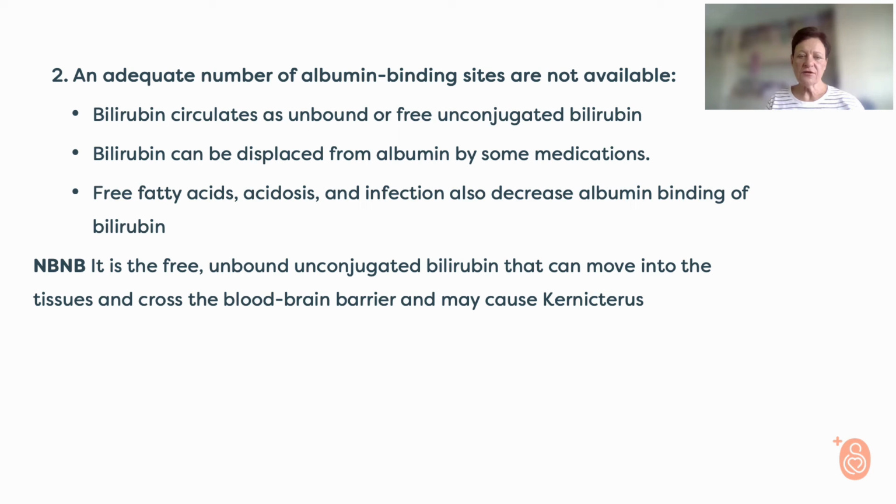If this unconjugated bilirubin is not bound to albumin to go to the liver, it is moving freely around in the blood, and it moves into the tissues and specifically across the blood-brain barrier, because its fat solubility makes it go through the blood-brain barrier, and that can cause what we call Kernicterus. It literally means jaundice of the brain, and that can cause brain damage.